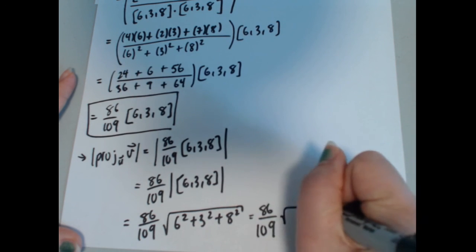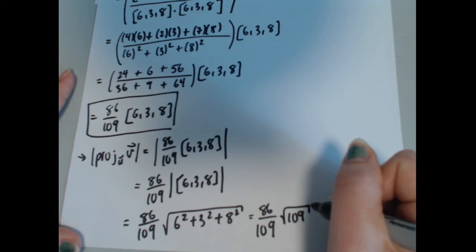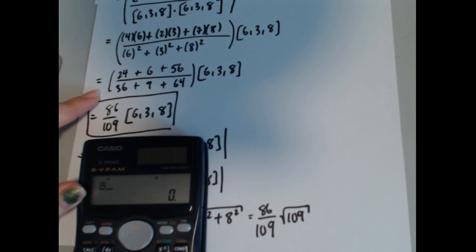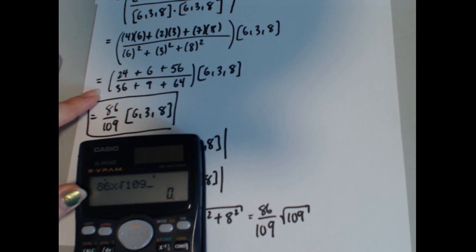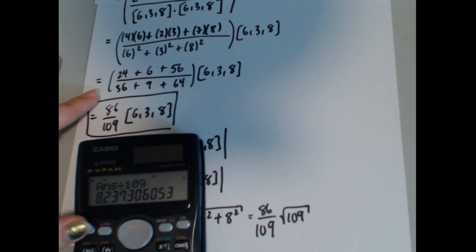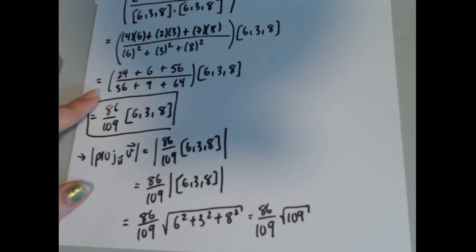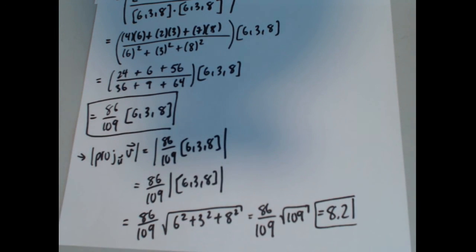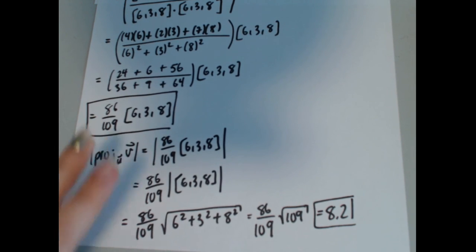So that's going to be times root 109. Now, if we grab our calculator, 86 times root 109 divided by 109, and we get approximately 8.2. So the magnitude of that projection is 8.2, and the actual projection is right there.